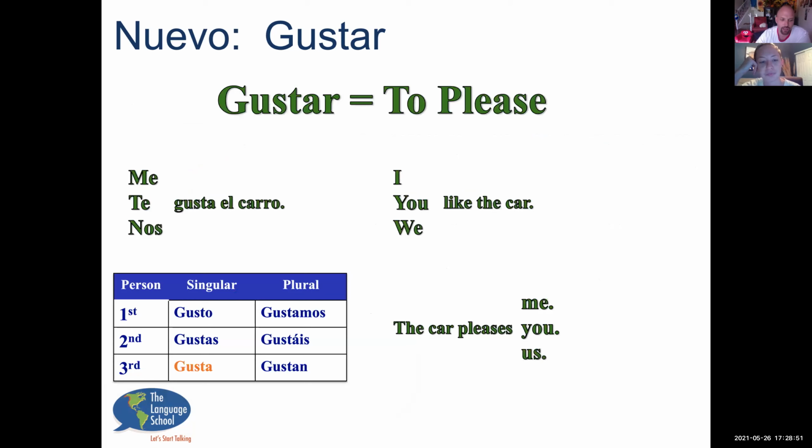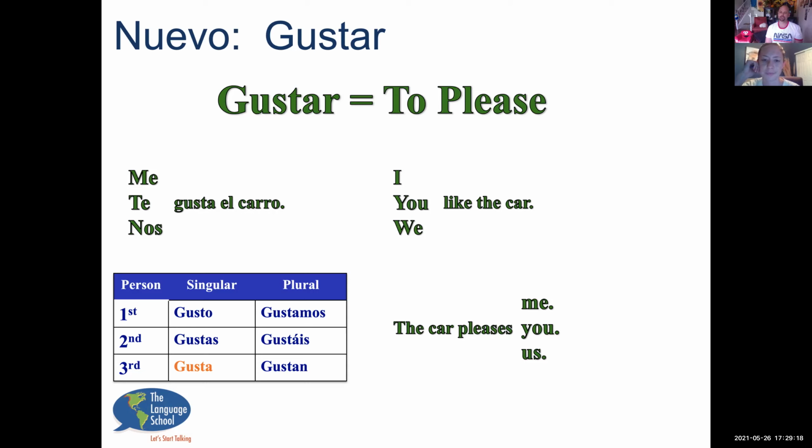Muy bien. So gustar is a regular verb. It would fully conjugate: gusto, gustas, gusta, gustamos, gustáis, gustan. However, it's extremely rare to say it in anything other than the third person. Me gusta el carro means the car pleases me, or the equivalent of I like the car.